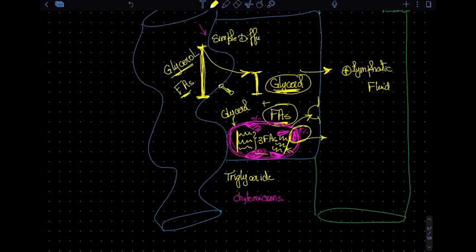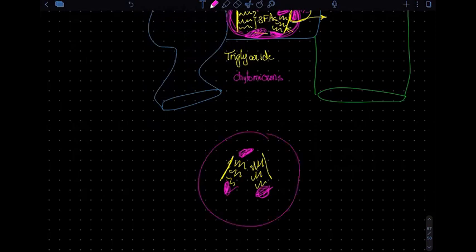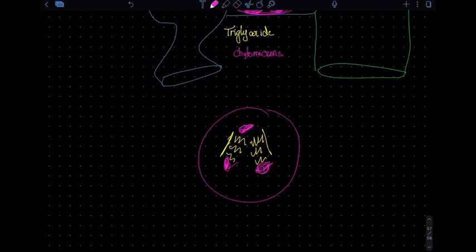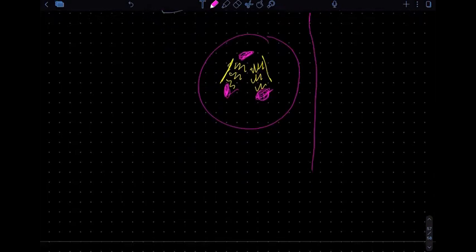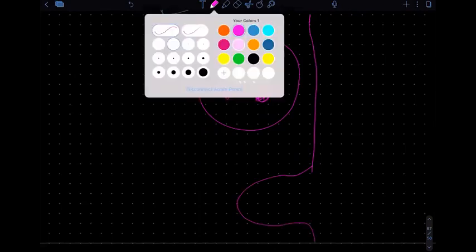So we're going to be storing the chylomicrons, triglycerides attached to proteins, in vesicles, and those vesicles need to fuse with the cell membrane to release the chylomicrons to the outside.